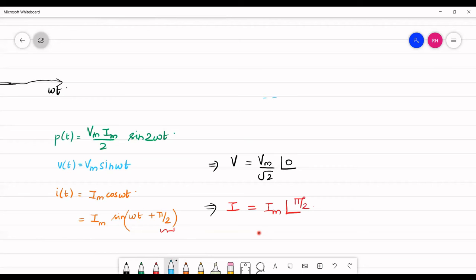Have a reference. The voltage makes an angle 0 with the reference, and the current phasor makes an angle pi by 2, measured in the anti-clockwise direction. And the phasor difference between voltage and current is 90 degrees.